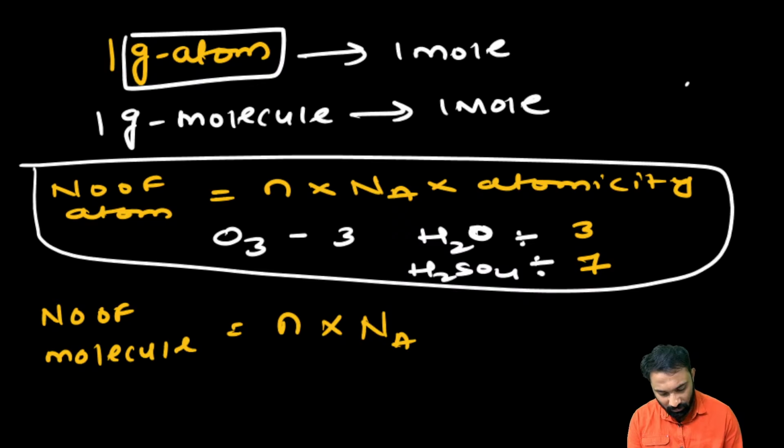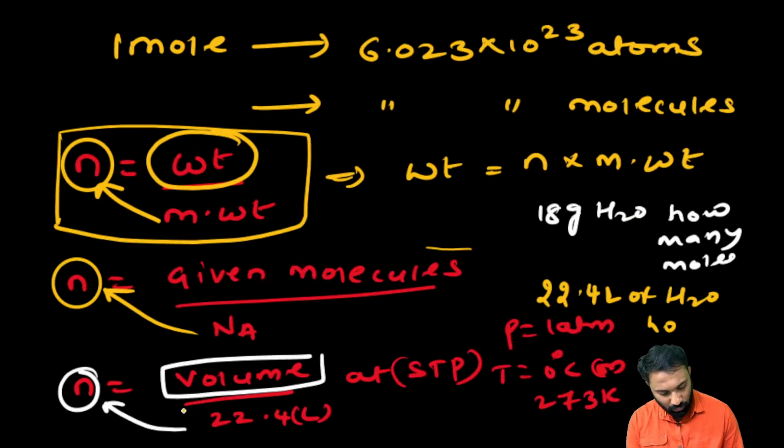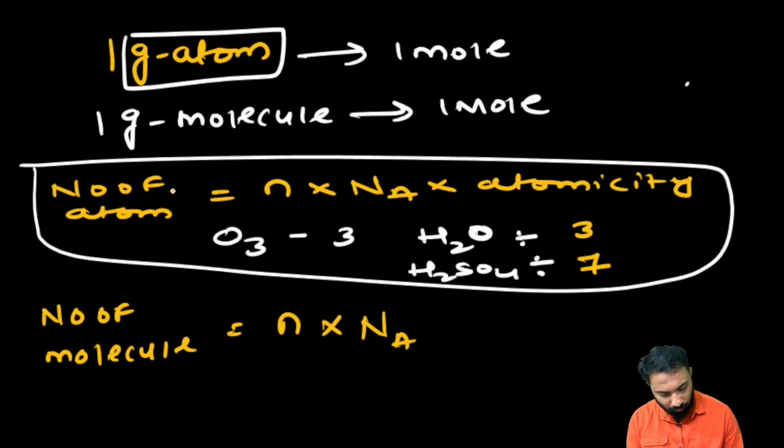These are formulas 1, 2, 3, 4, 5. Whatever questions they may ask will be only on the basis of these 5 formulas. Now we will see how they can interchange the questions on these 5 formulas.